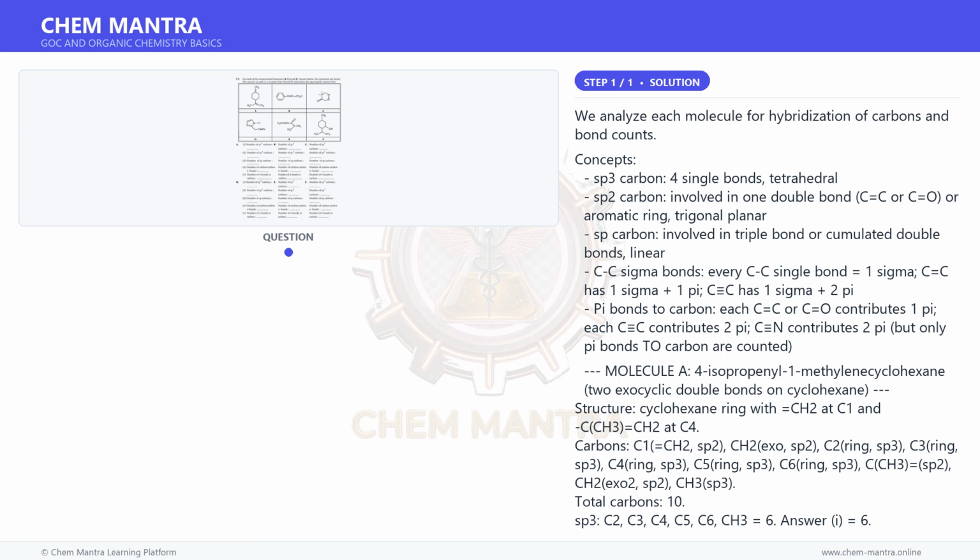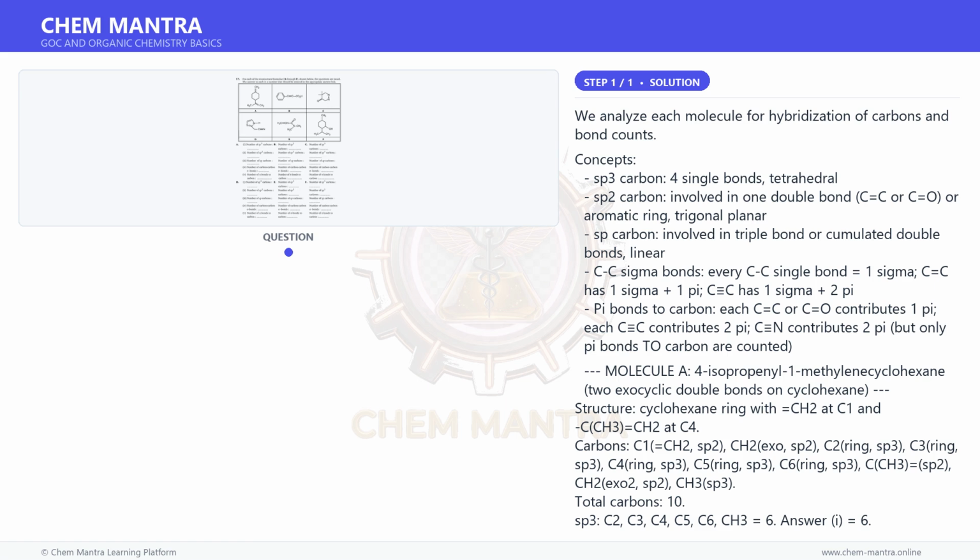So C4 is a ring carbon with OH and CH(CH3)2 isopropyl. Carbons: C1 to C6 ring, all sp3 = 6; CH3 at C1, sp3; CH(CH3)2 is CH sp3 plus 2 CH3 sp3, 3 carbons. Total is 6 plus 1 plus 3 = 10, all sp3.